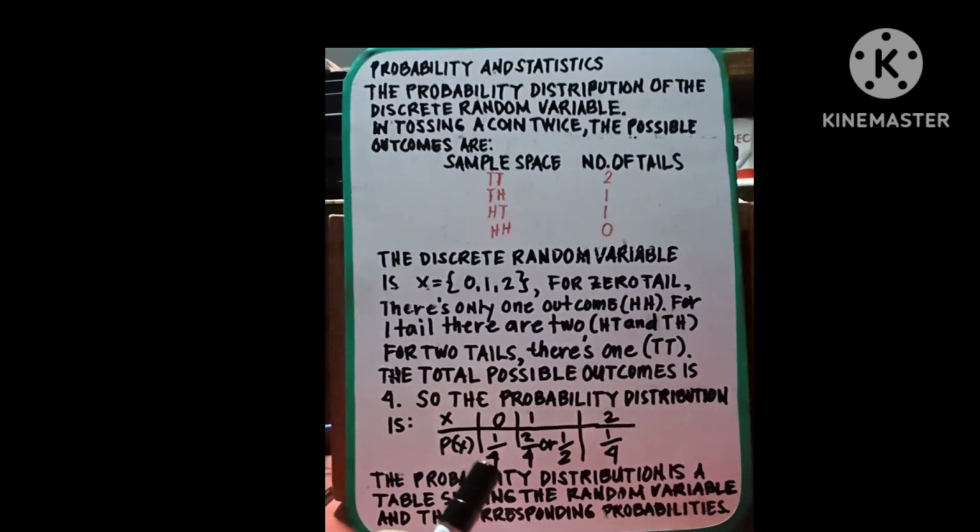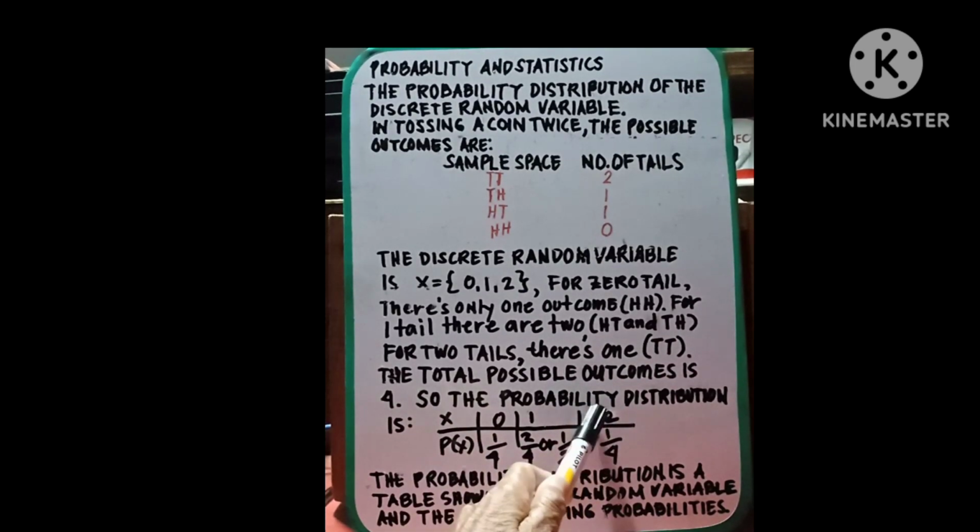So if we are going to distribute that in a table, the probability distribution is: for x we have 0, 1, 2, and for the probability P of x, for 0, since there is only one outcome out of 4 possible outcomes, it is 1/4. For 1, there are 2 outcomes, so 2 out of 4, or 1/2.